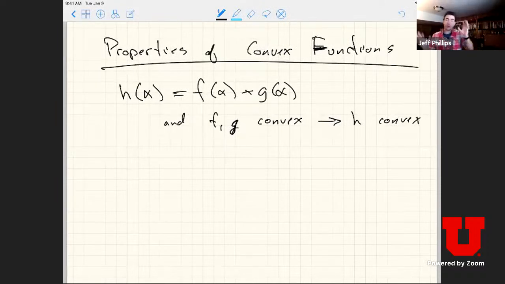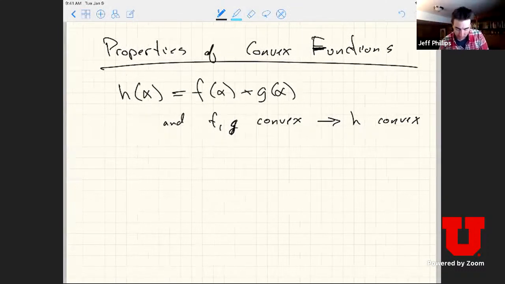So if I have two convex functions and I add them up, then h is going to be convex. This is super important because we're actually going to find all of our functions as sums of contributions from each of the training data points. There's going to be some cost associated with those, and we're going to add them up. And if each of those are convex, then the sum has to be convex, right?